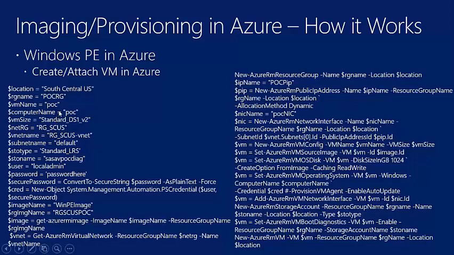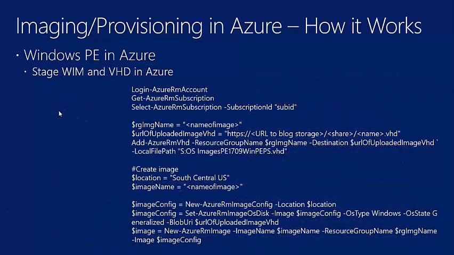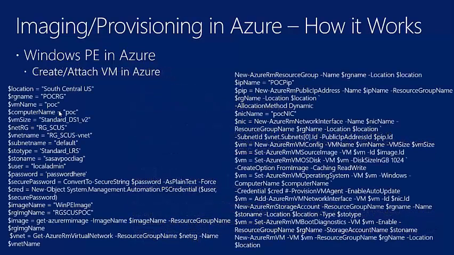Then the next part of it, we'll need to go and create and attach a VM in Azure. Very, very critical. Even though you would see in the Azure console the ability to upload VHDs, in my experience and the experience working with John Saville and a couple of others, when you do that, it somehow messes the VHD up so it doesn't boot right. So using PowerShell is absolutely critical for uploading your VHDs and creating your VMs and so on, right?